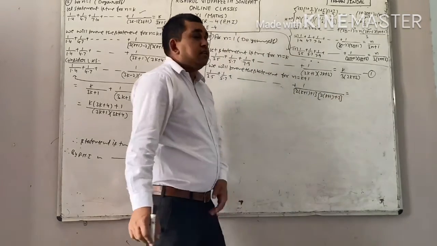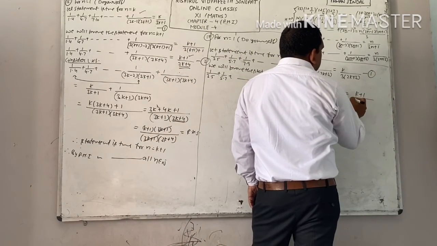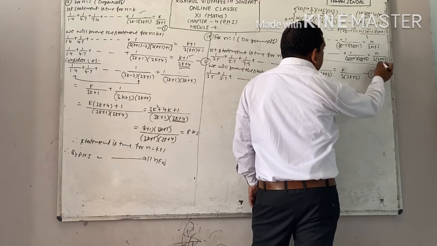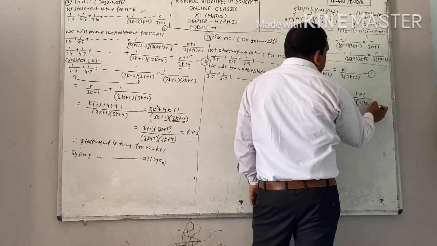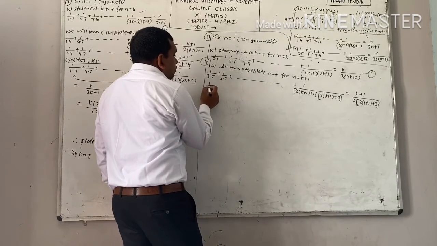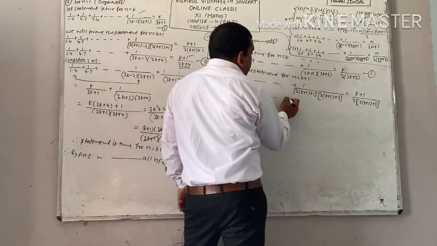Now see right hand side. K plus 1 divided by 3 into. Now 2 is again multiplied with n. You will say 2 is multiplied with k plus 1 plus 3. Simplify this one. See what you will get. 1 upon 3 into 5 plus 1 upon 5 into 7 plus up to so on 1 upon.